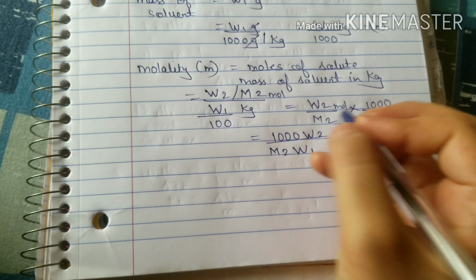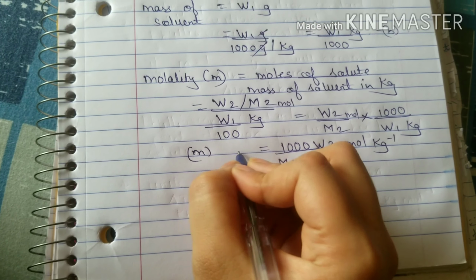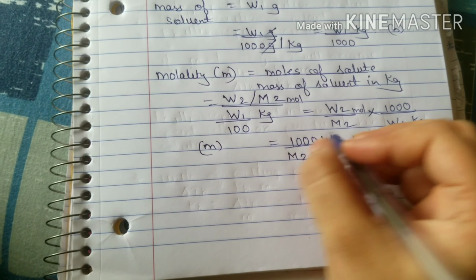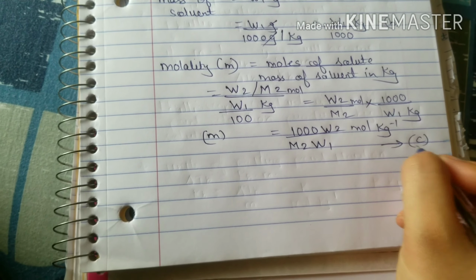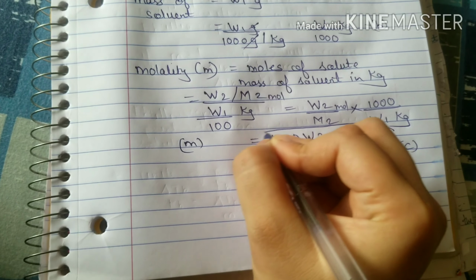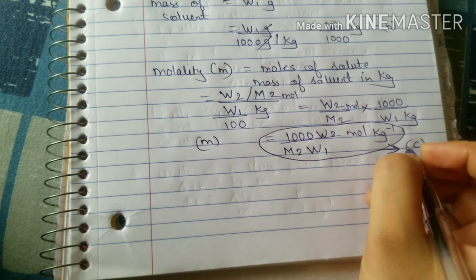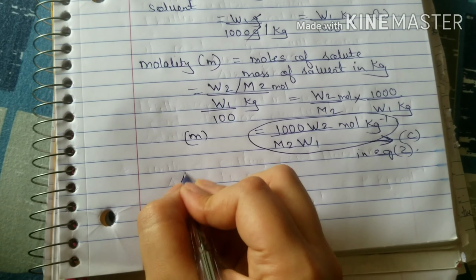Now you are going to substitute this value of this small m, that is molality, in equation 2. So what is our equation 2?